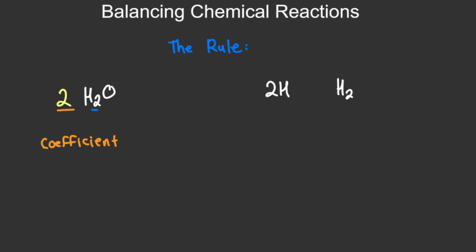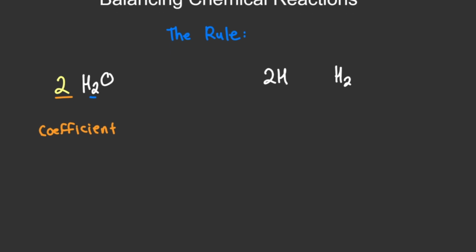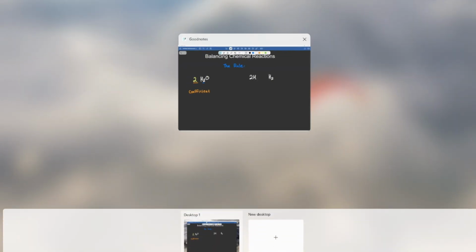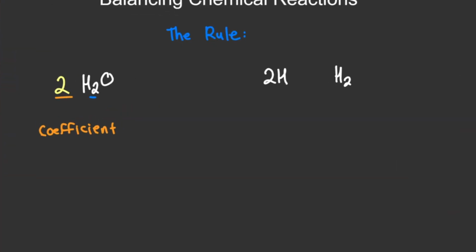So, for example, in water, the little 2 will tell us there are 2 hydrogen atoms. So we cannot change H2O into, let's see, H2O2, because that would make a completely different substance.